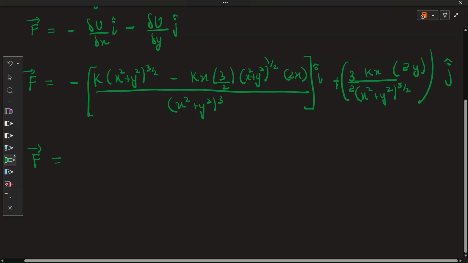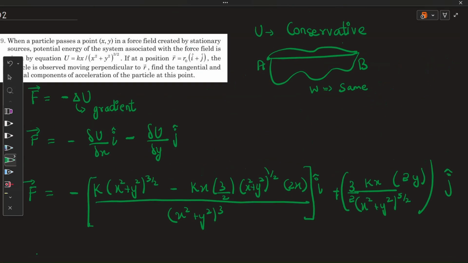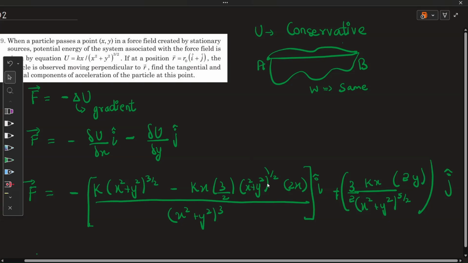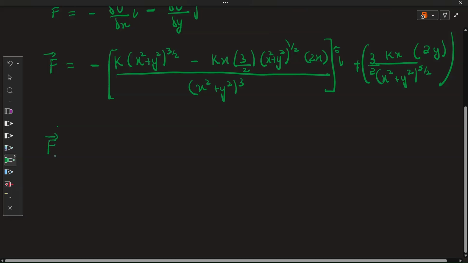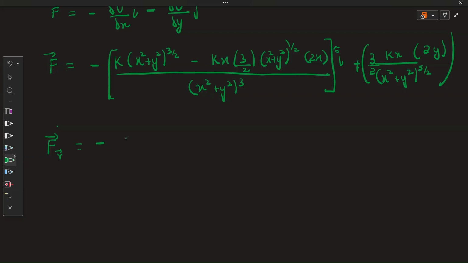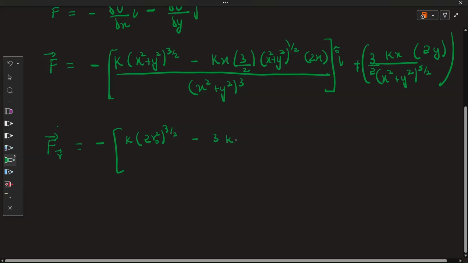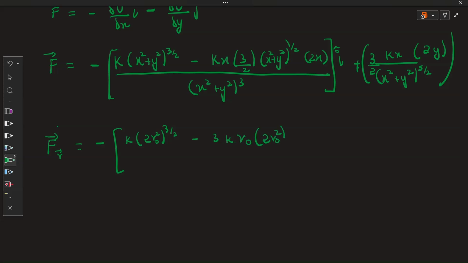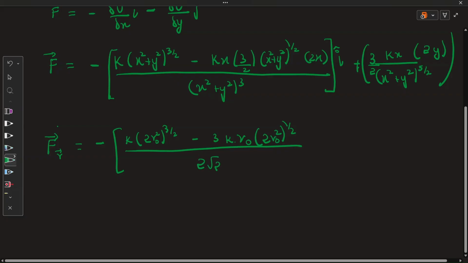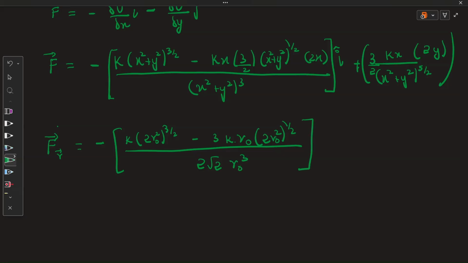Upon simplifying, the point at which we are doing our calculations is r₀ i cap and r₀ j cap, which is (r₀, r₀). So I substitute it: the force at the point r vector is minus of k into 2r₀² to the power 3/2, minus 3/2 k, where this 2 gets cancelled anyway, 3k into r₀ into (2r₀²) under root, whole divided by 2 root 2 r₀³.